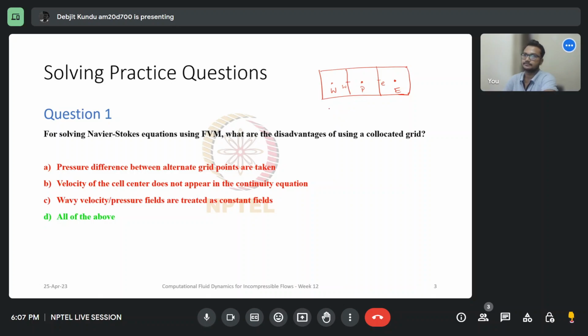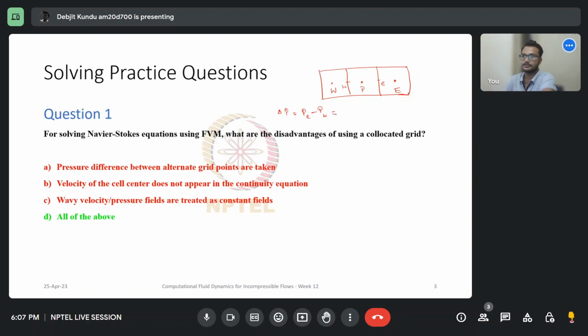But when actually trying to do that, delta P, that is PE minus PW, since we don't have the pressure values stored at the cell faces and only at the cell centers, we have to use interpolation between the two cell centers in order to get an estimate of that.